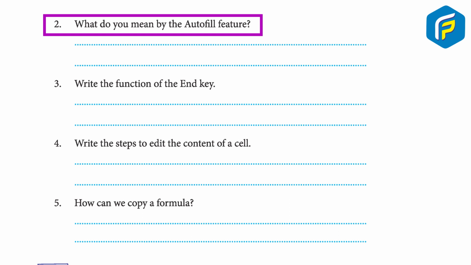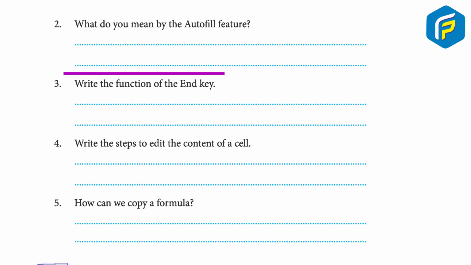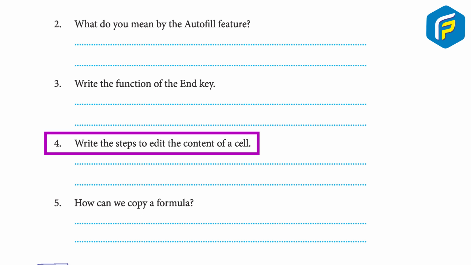Answer: The autofill feature fills in a series of data in your worksheet automatically. 3. Write the function of the End key. Answer: The End key will move the insertion point to the right of the cell content if edit mode is on.